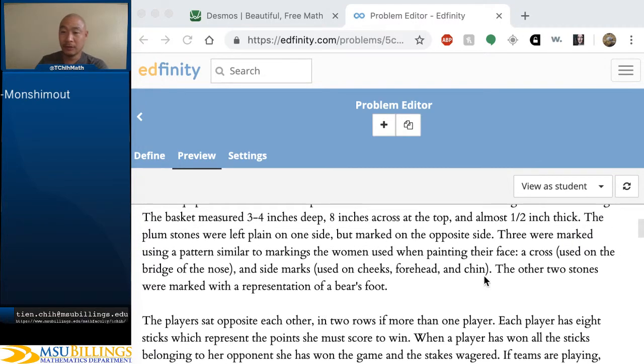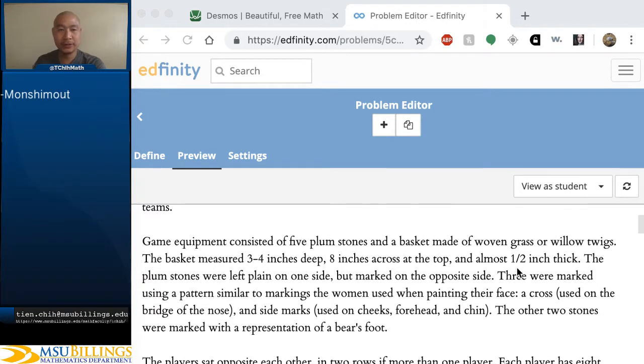What we have are five stones, and on one side of all the stones they're blank, and on three of the stones on the other side there's crosses, and for the two remaining stones what you have is a bear's foot as a drawing.